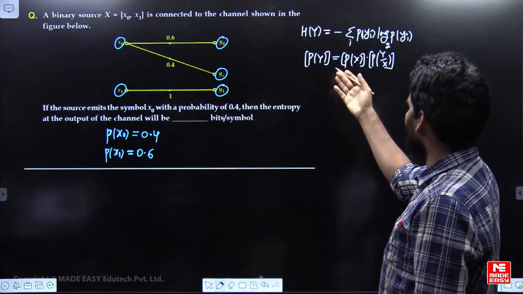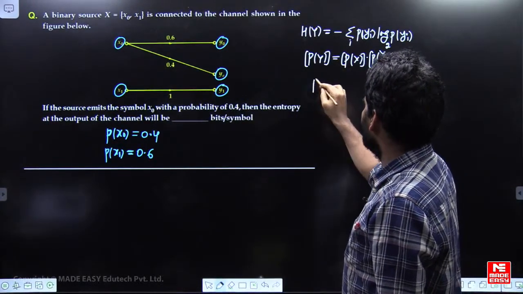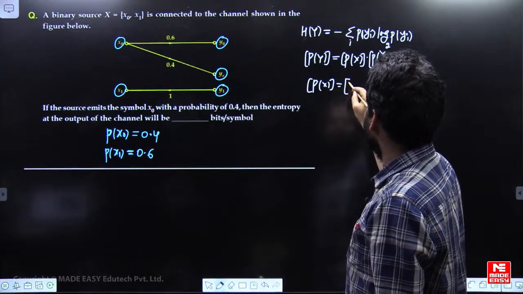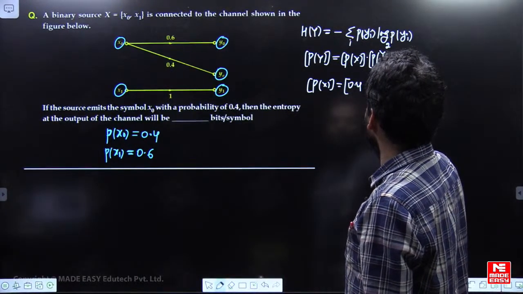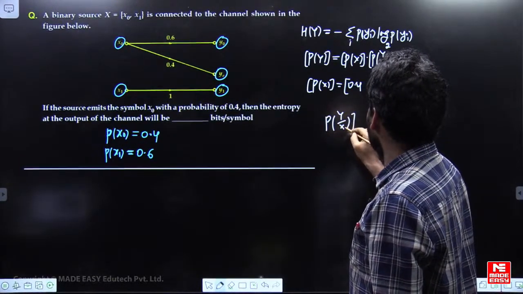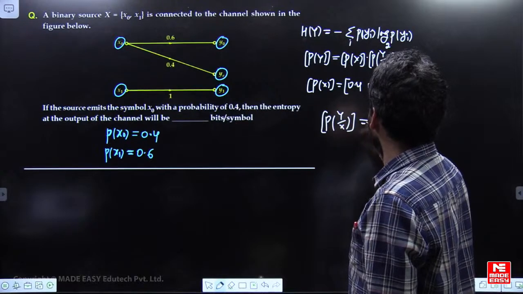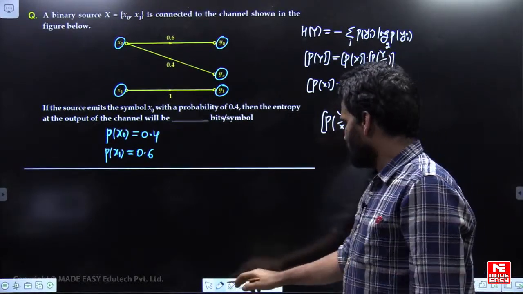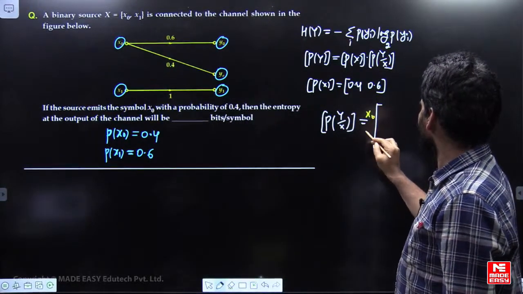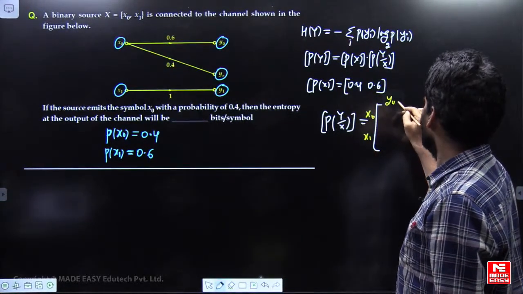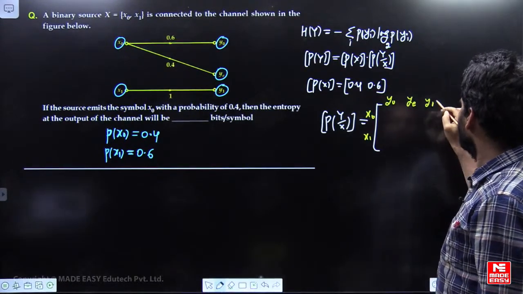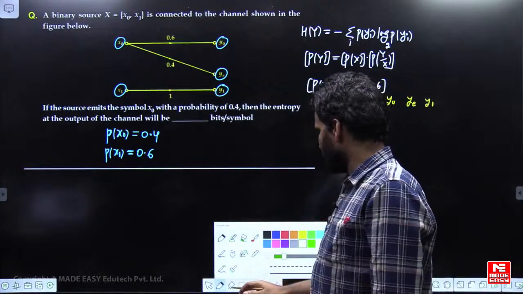Then you can get the PY matrix. PX is a row matrix of probabilities 0.4 and 0.6. And for P(Y|X), map the elements like this: x0, x1, y0, ye, y1. This maps X and Y elements.